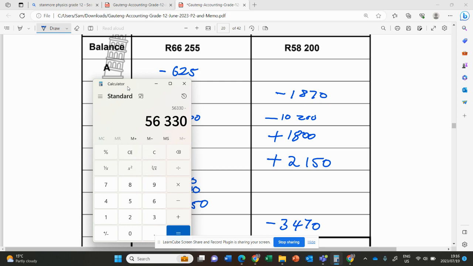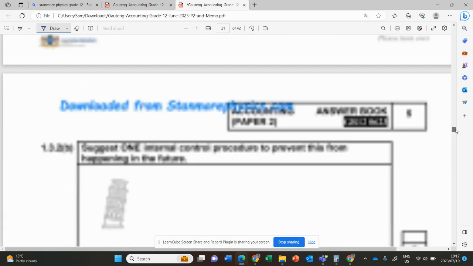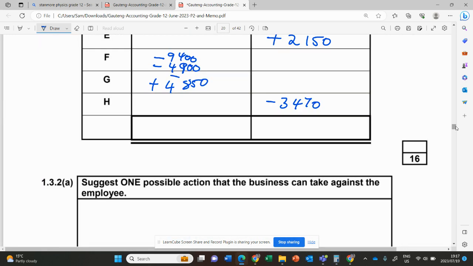Then minus 10,200. Then plus 1,800. Then plus 2,150. Then minus 3,470. Then that is 46,610. I'll come here and say 46,610.